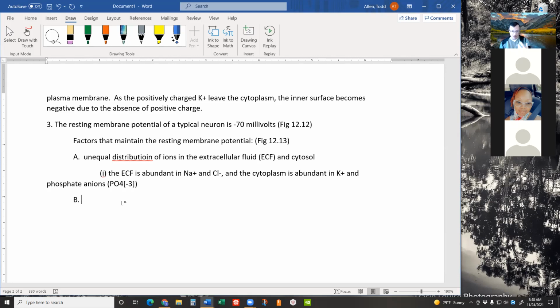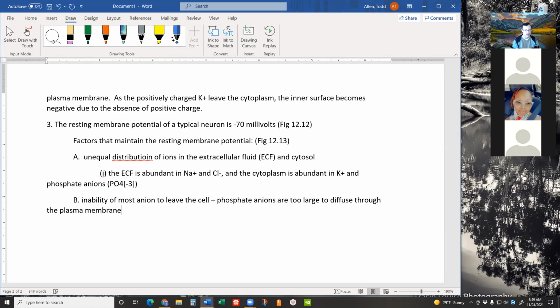So these negative groups of atoms stay inside the cytoplasm for the most part. The inability of most anions to leave the cell: phosphate anions are too large to diffuse through the plasma membrane.